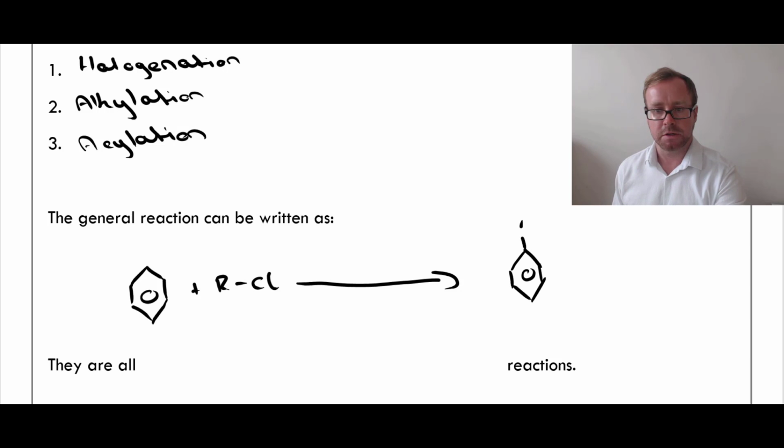So I have replaced my R. So I've taken this R, I've put it onto the benzene ring, I've removed an H plus by doing this, and that's where this H comes from. So I form HCl here.